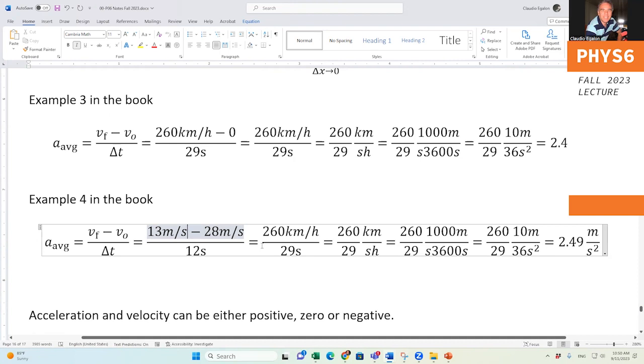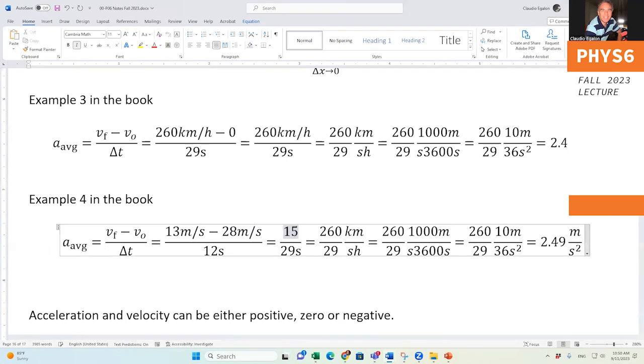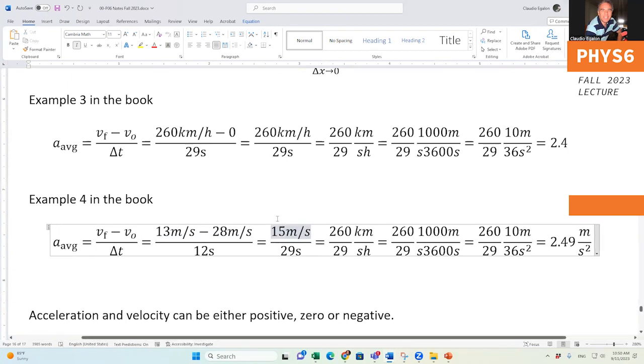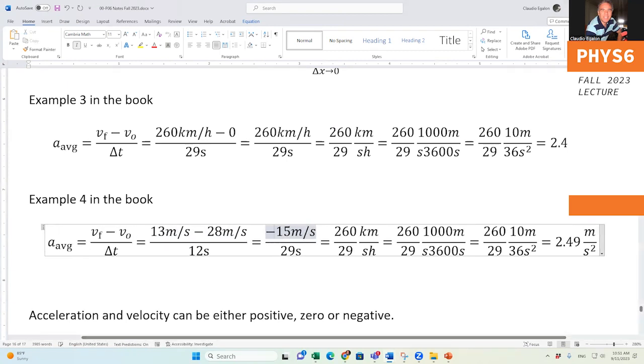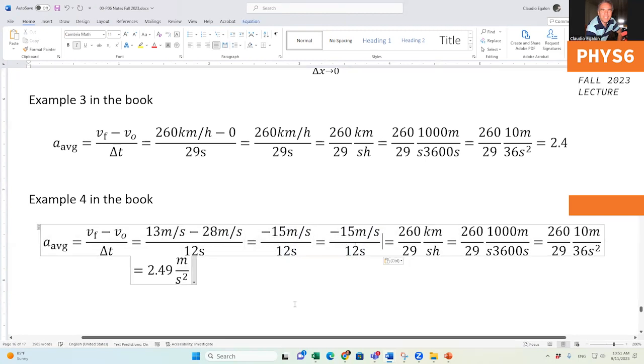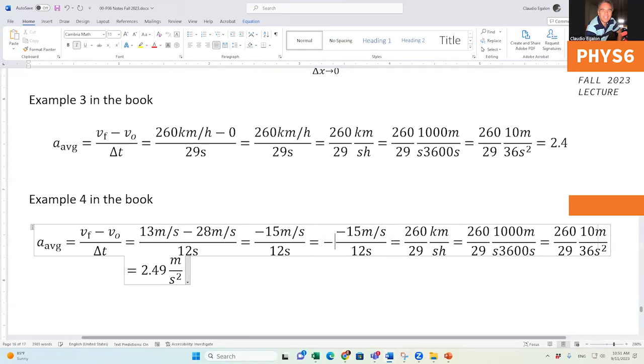That should be 15 here. Yeah, 15 meters per second, but let's not forget it's minus 15 meters per second, over 12 seconds. Right? And now we have to divide 15 by 12.